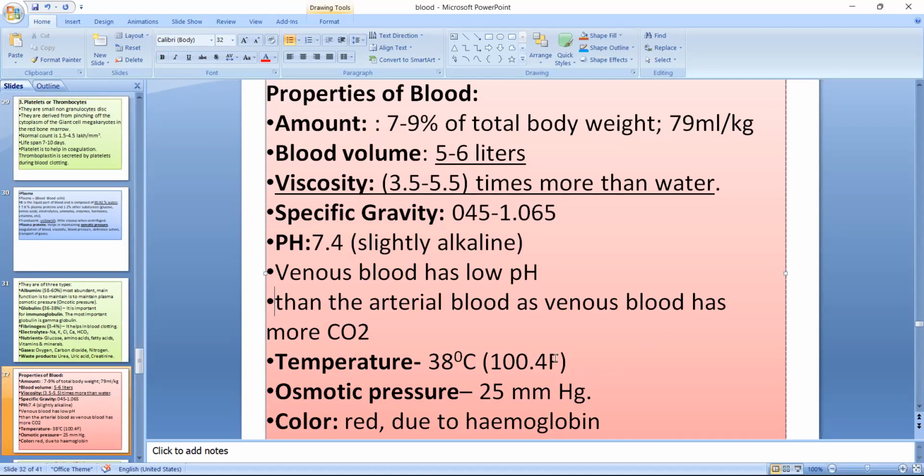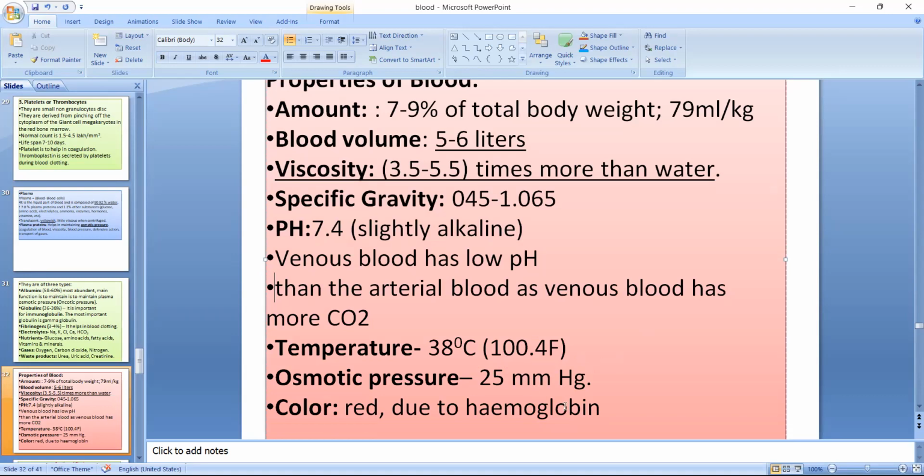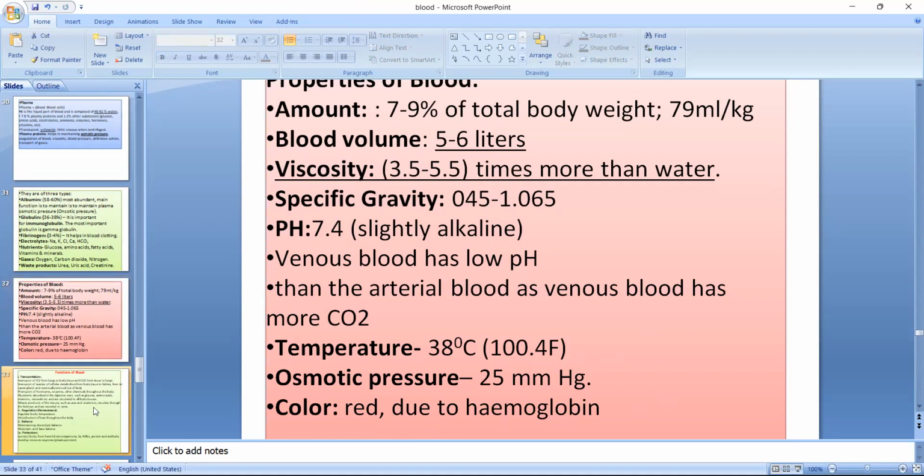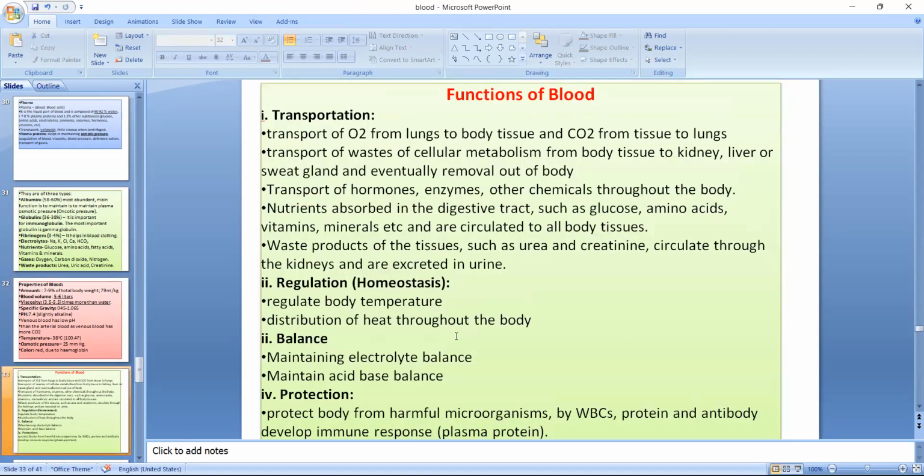Normal body temperature, and red color due to hemoglobin. Right. So these are some of the properties. Functions of blood. Without blood, there is no transport of anything. Everything is transported through the blood.